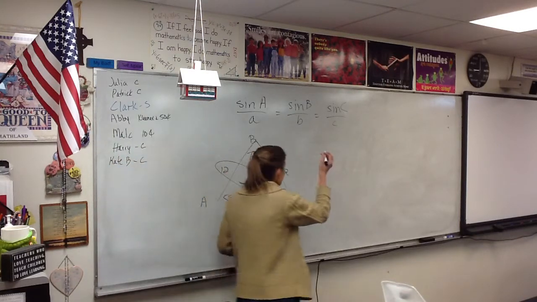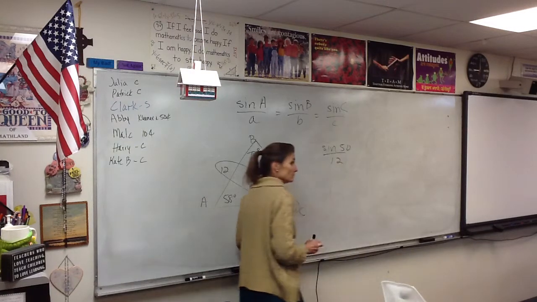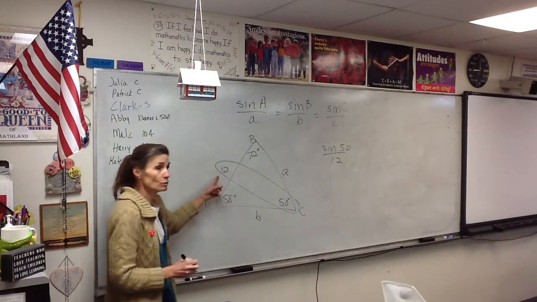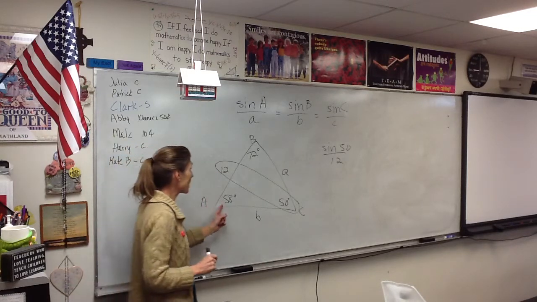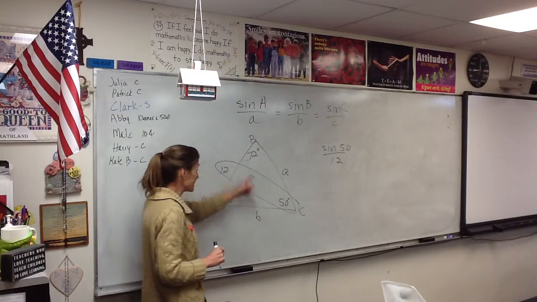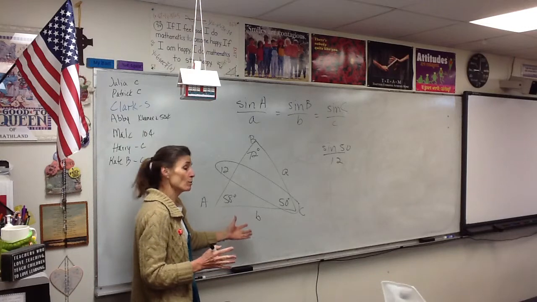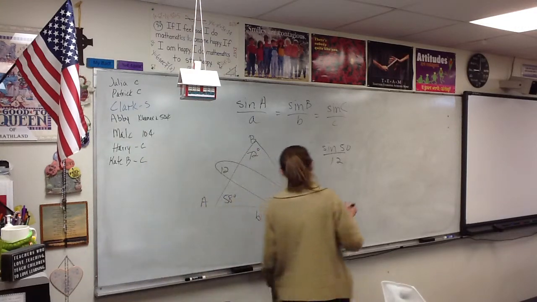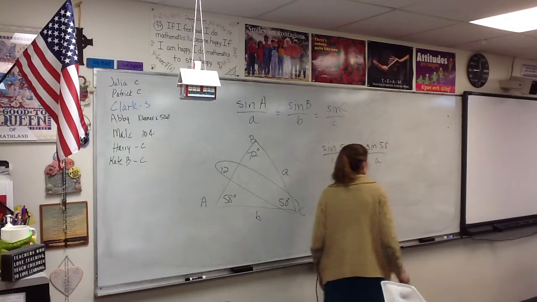So then that tells me I'm going to start out by saying sine 50 over 12. And then you decide. You can either say sine 58 over A, or you can say sine 72 over B. You're going to have to do both, so it really doesn't make any difference. I'll just start with A. I'll go alphabetically. So this is sine 58 over A.